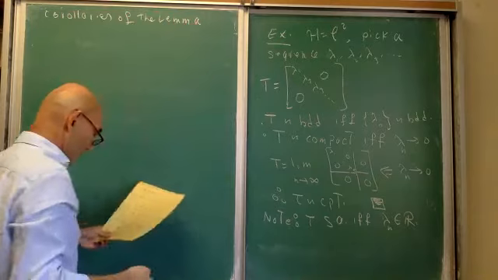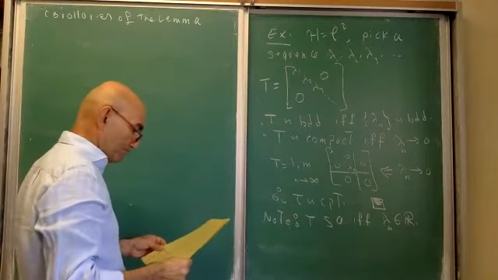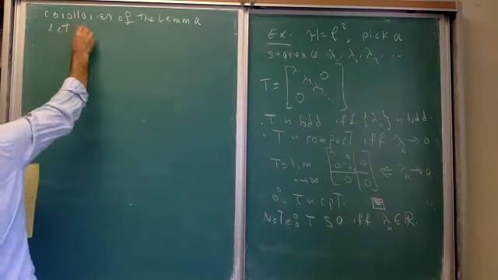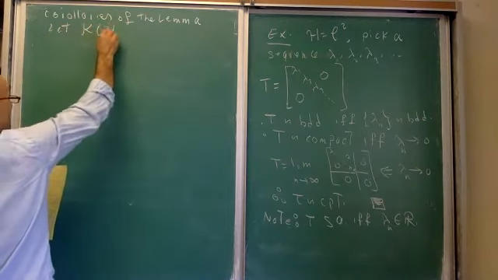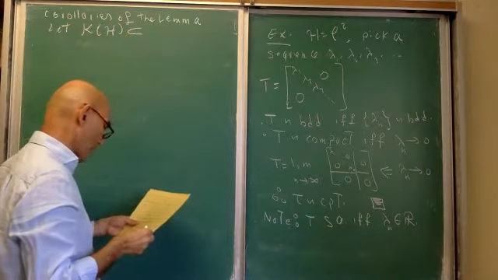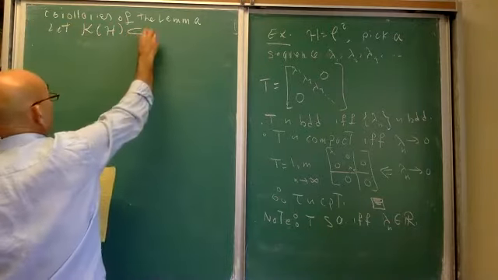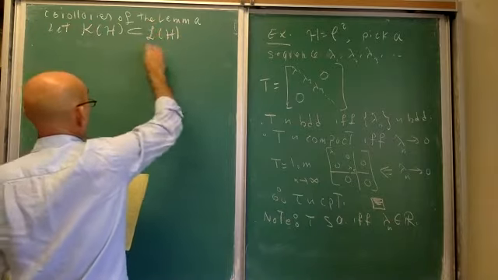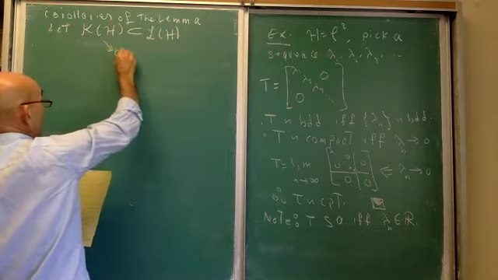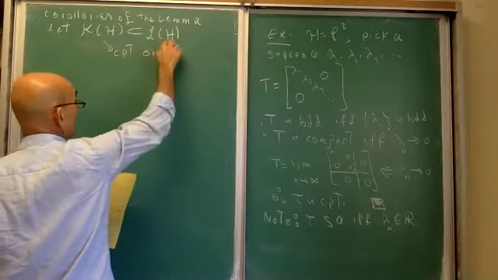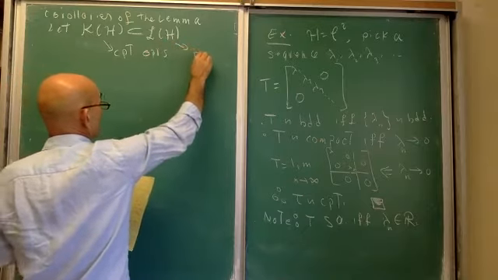There's a notation K of H, a subset of L of H. My notation for all bounded operators is L of H. So K of H is the set of all compact operators, and L of H is the set of all bounded operators.